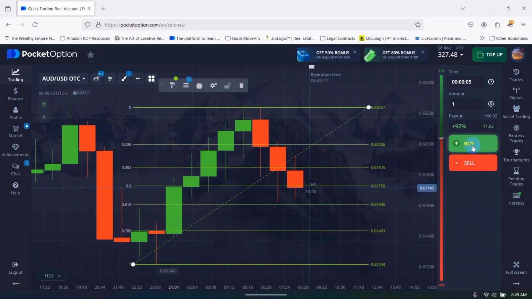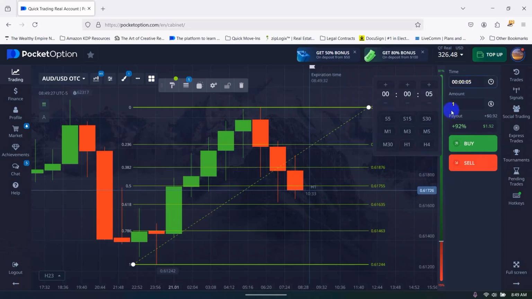And so let's see if we can take a couple of trades. So we missed that one. Let's switch it to 15 seconds.